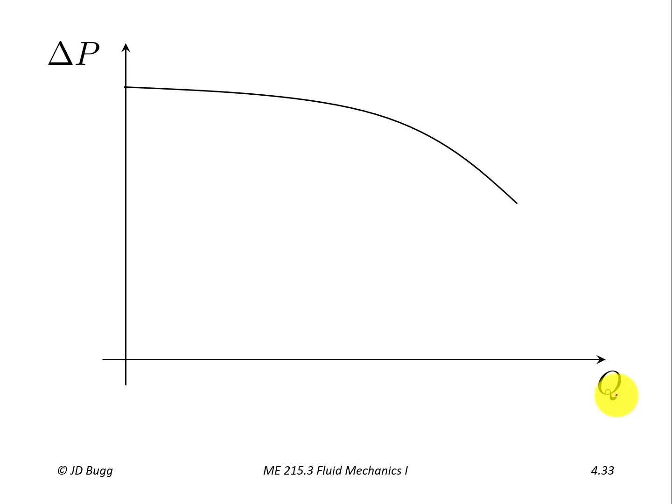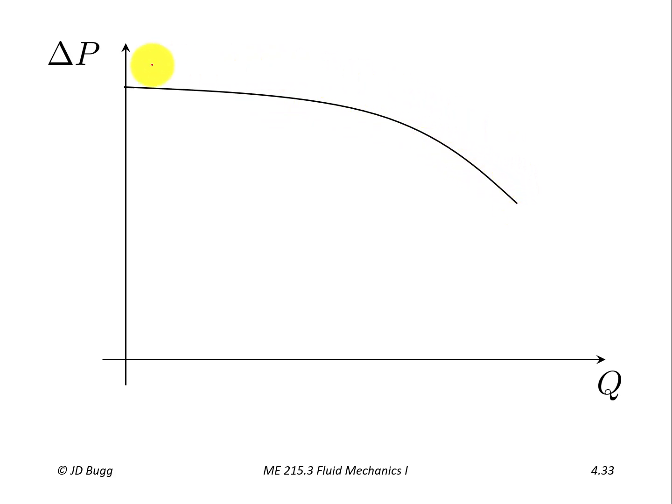So if you imagine you have a centrifugal pump and you've got a valve on its exit so you can control the flow through the pump, and you're measuring the pressure change across the pump, if you close that valve so there's only a tiny little bit of flow, or perhaps even no flow, you'll have a maximum pressure increase across that pump. As you open up that valve and allow more and more flow through, the flow will certainly increase, but what will happen is it tends to be a little bit flat here at the beginning, but what will eventually happen is the pressure increase across the pump will drop off.